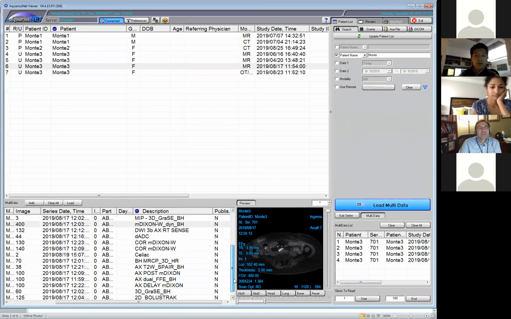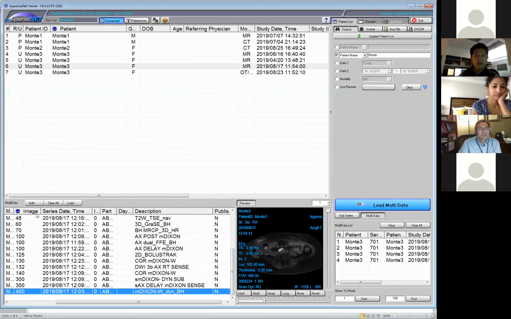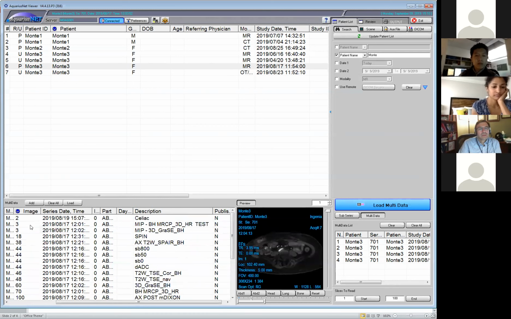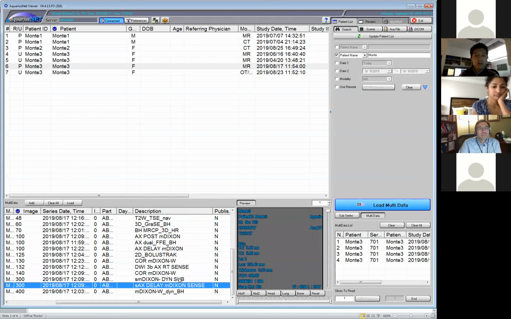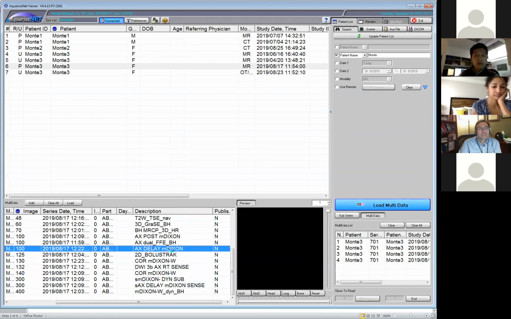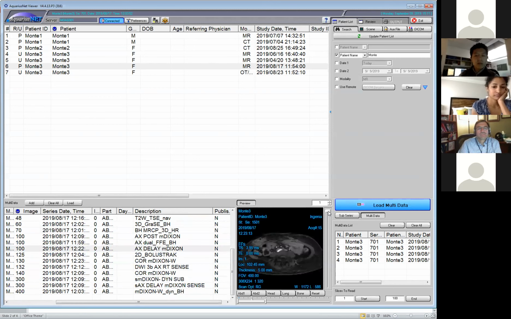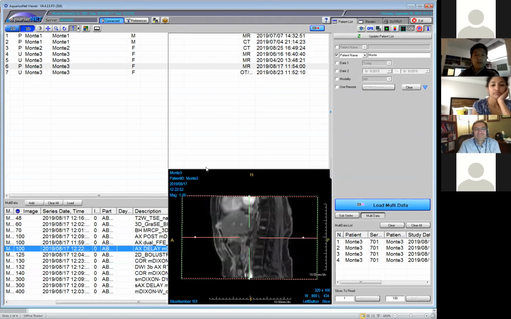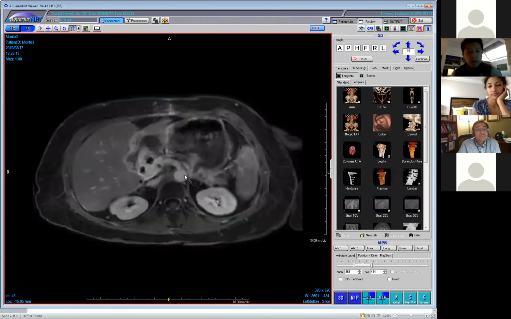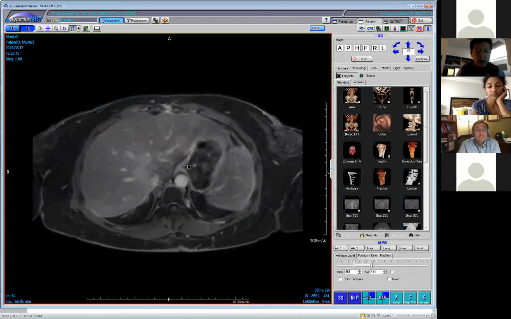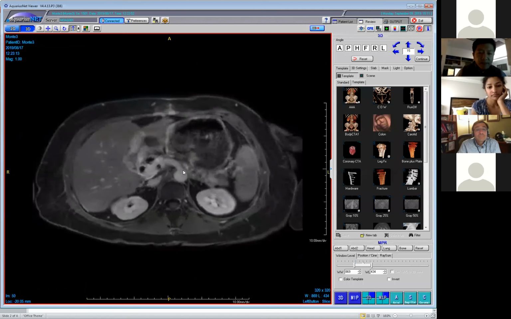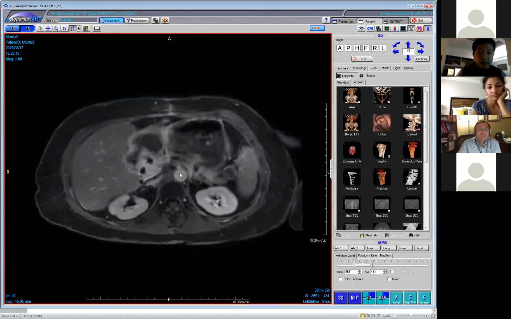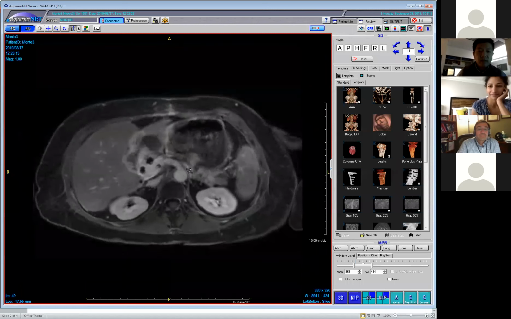So as I was reviewing the images, this is one of the delayed images, and if you notice here, the celiac is as big as they come, so without any narrowing, right?